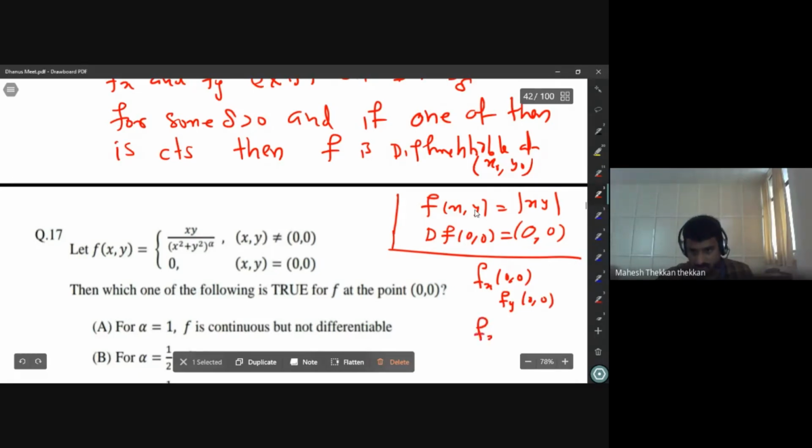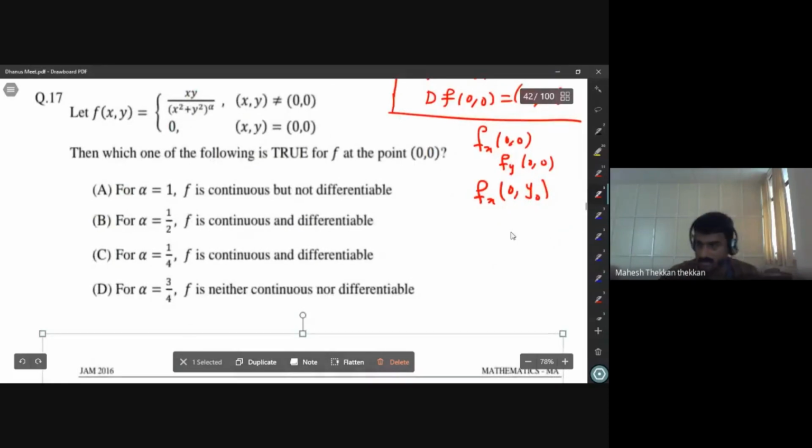But fx at 0 comma some y naught won't exist. On this line, the partial derivative with respect to x does not exist except for the point 0, 0.